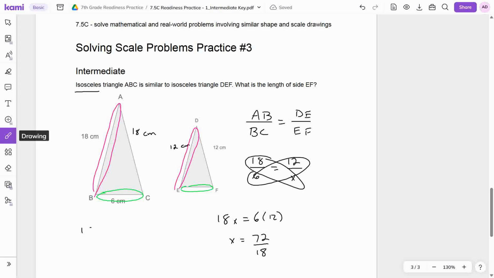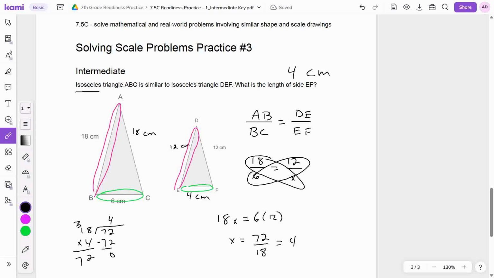All right, so let's divide 72 by 18. That's just 4. Yeah, perfect. So X is going to equal 4. And let's get our unit for centimeters, and we'll put this up here.